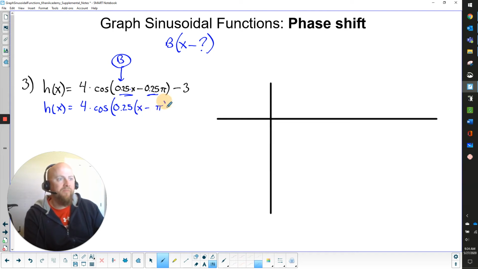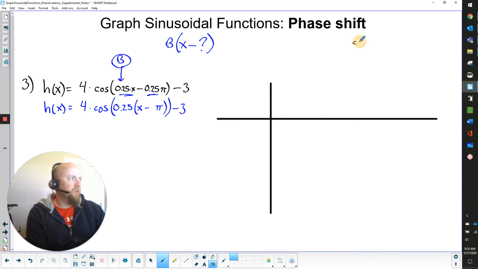We divide, and it's the same value. We factor that out, as we were discussing.